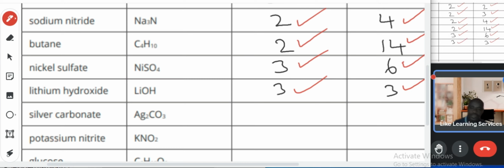Silver carbonate, this is actually silver 1 carbonate. When you get to higher classes, that's what we call that. So how many elements, how many atoms?